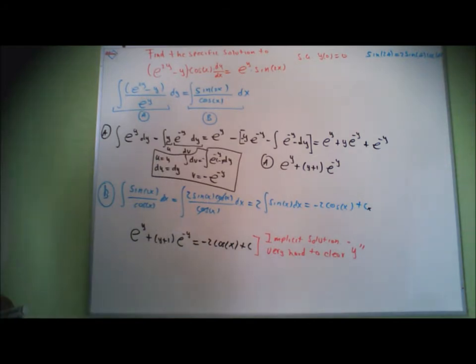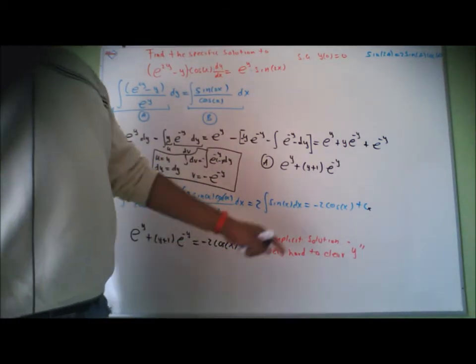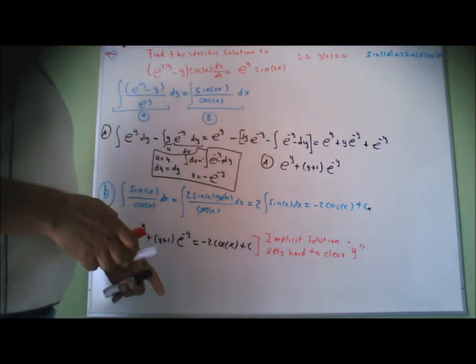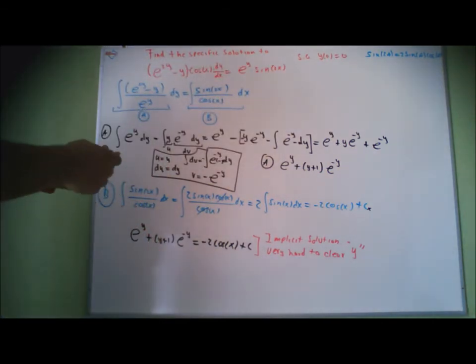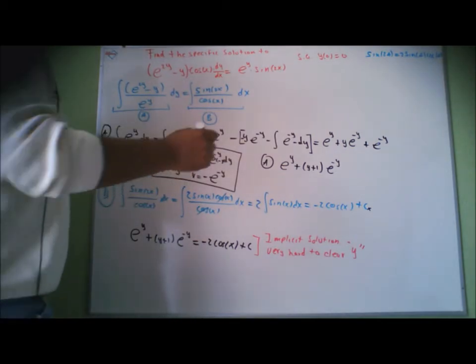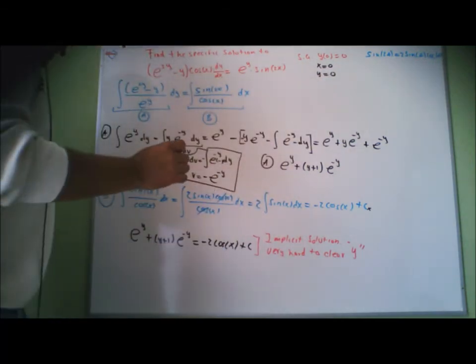However, we haven't finished because we have to calculate the constant. We have to calculate the constant because we are given an initial condition. The way to calculate the constant is to replace the values of x and y. Here x is equal to 0 and y is equal to 0, so it should be very easy.